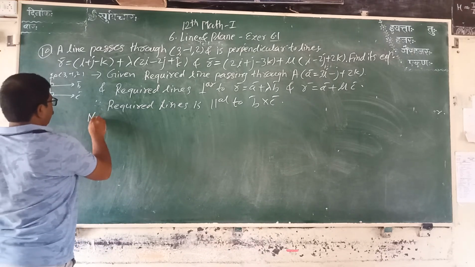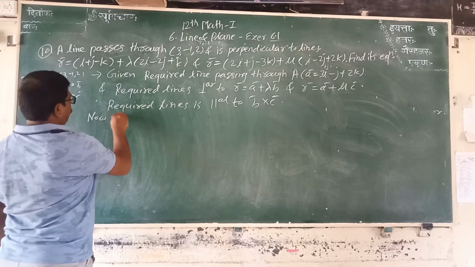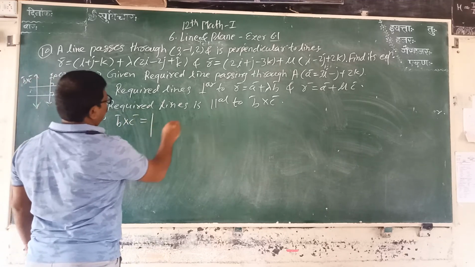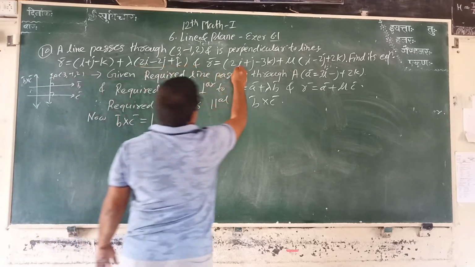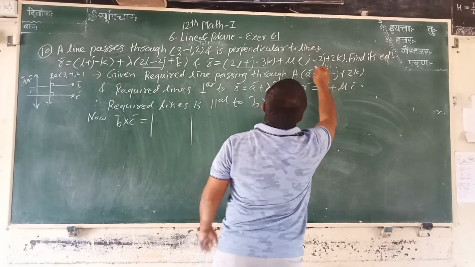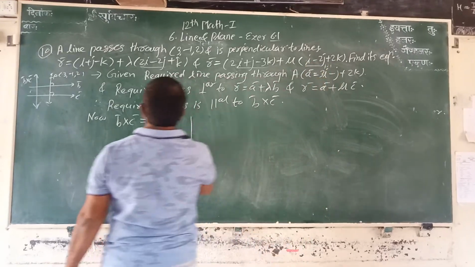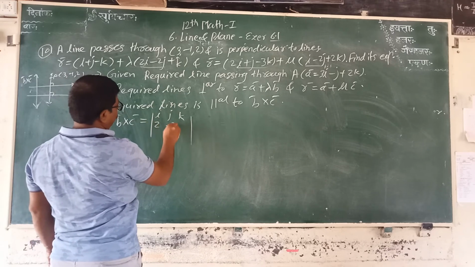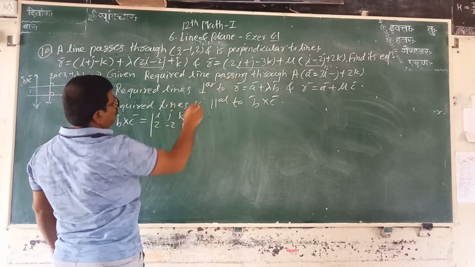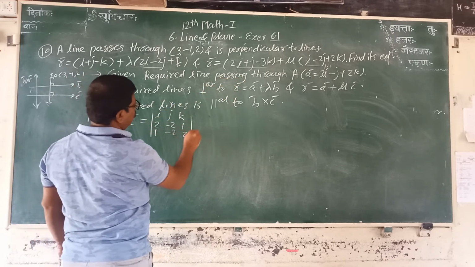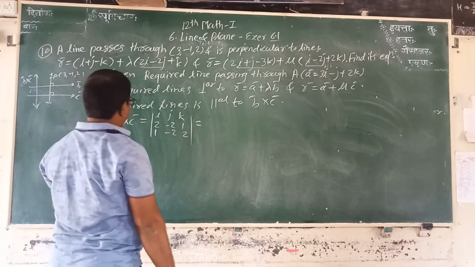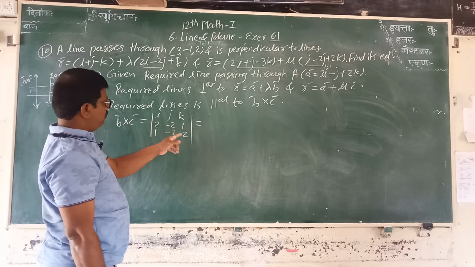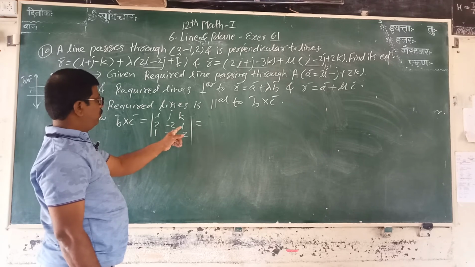Now, B bar cross C bar is equal to, we put their values, 2, minus 2, 1 and 1, minus 2, 2. That is, we get here i into minus 4 plus 2.